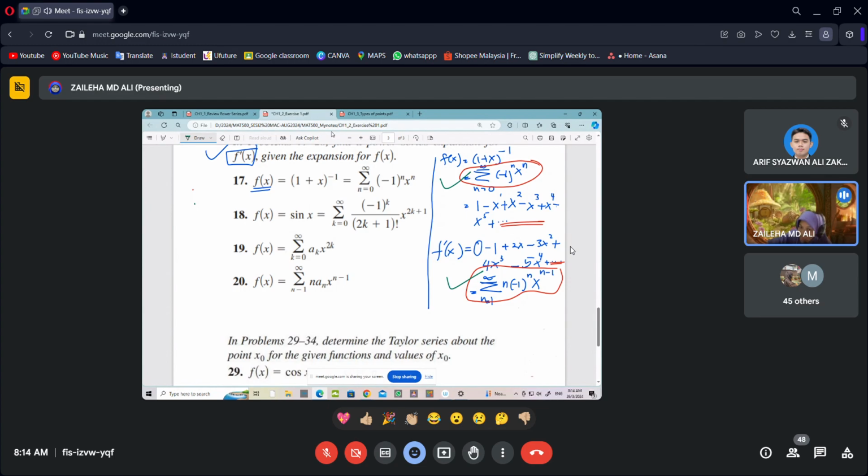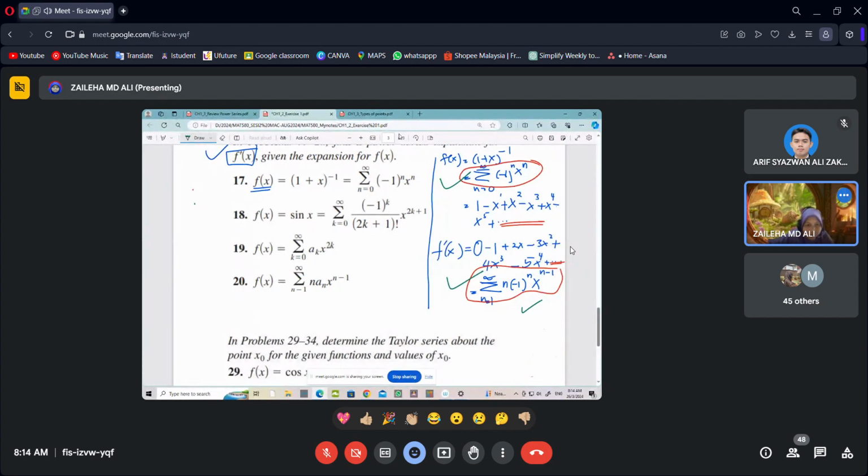When I differentiate the infinite polynomial I get this, but my series after the derivative is this one. So this is the solution method. Later when we learn how to differentiate, we no longer need to use the expansion of the infinite polynomial. Are you okay, Liana, and the rest of you?